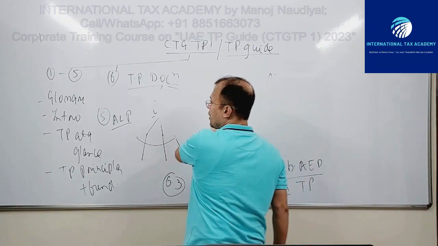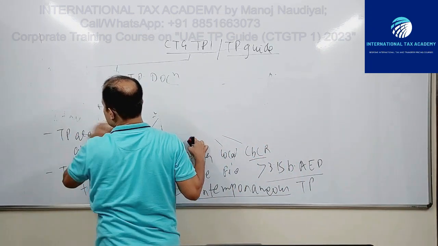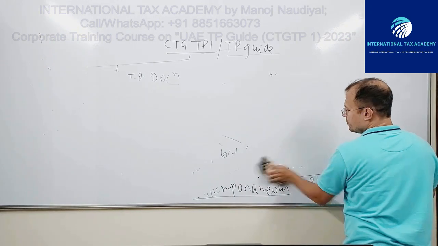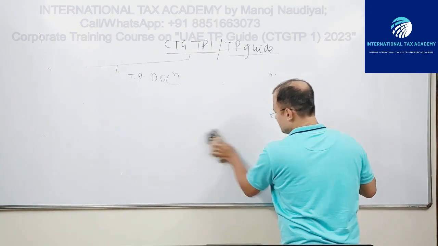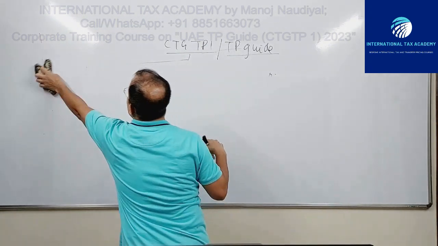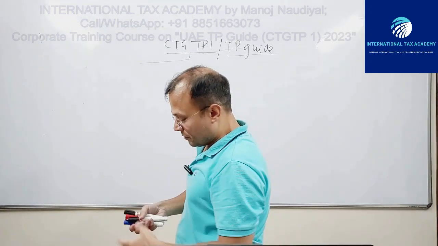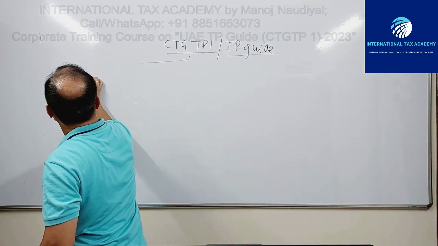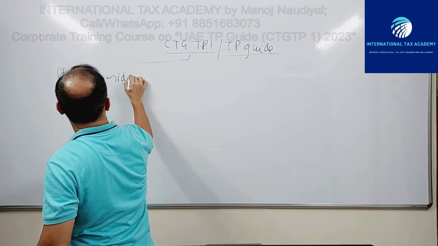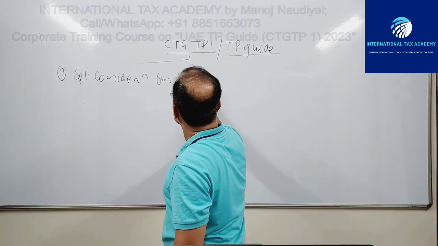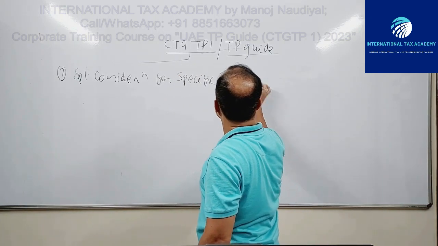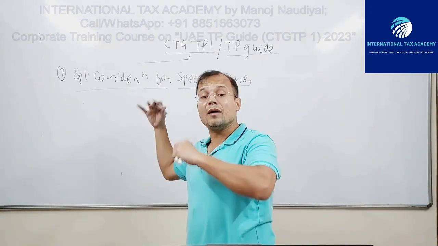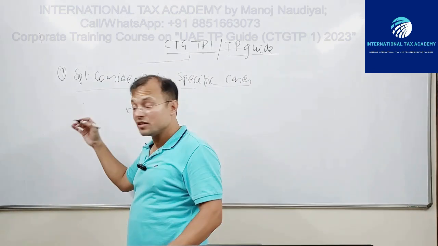Section 7 is your applied TP, that is, special considerations for specific cases. There are a number of subsections in this.